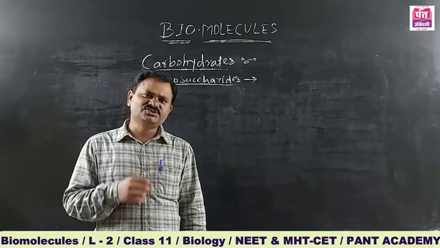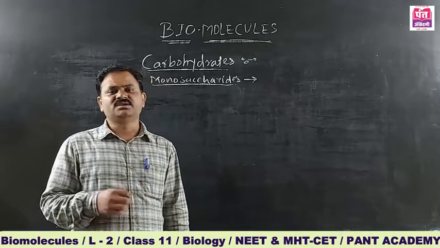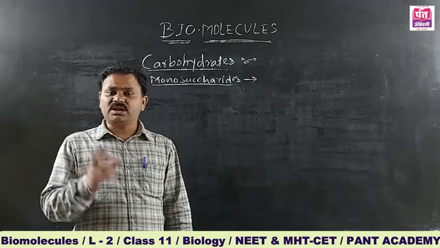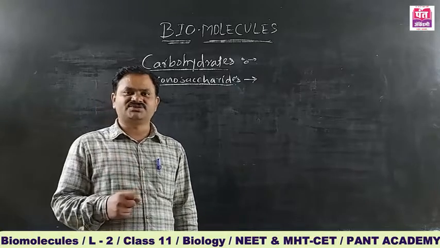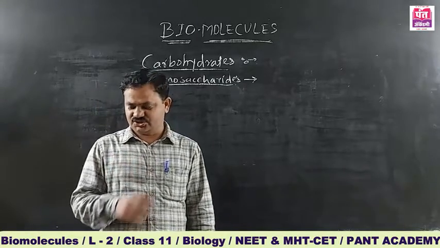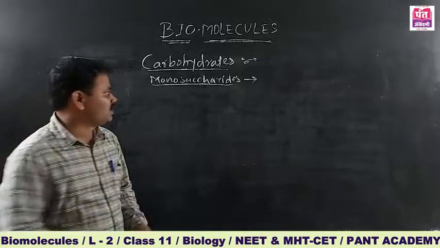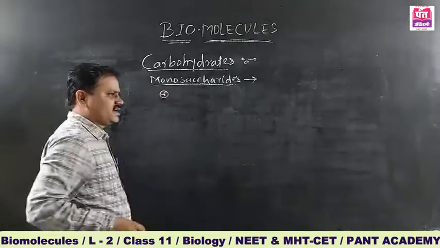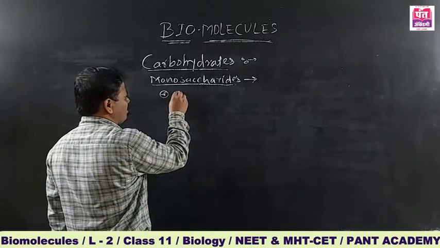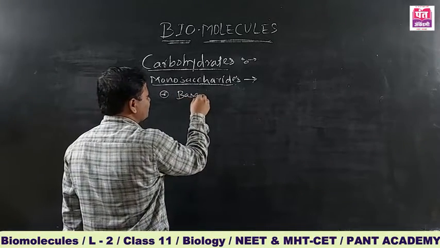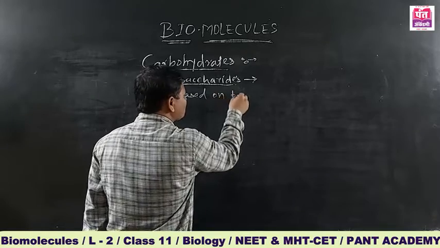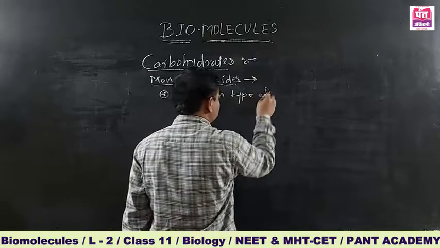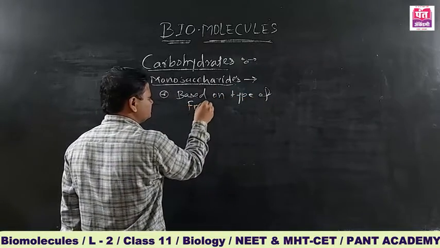These sugars can also be classified based on the type of functional group present in their chemical structure. So the second type of classification of monosaccharides is based on the type of functional group.